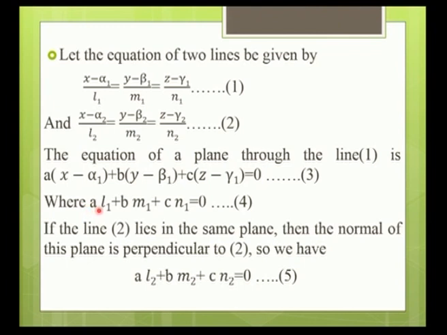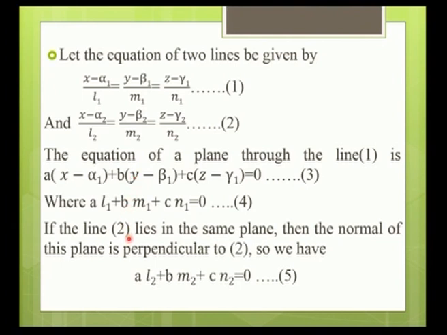Now, aL1 + bM1 + cN1 = 0. Keep this as equation 4. If line 2 lies in the same plane, then the normal of this plane is perpendicular to line 2. First, we have seen line 1 passes through the plane, and the equation of that plane is given by this equation.